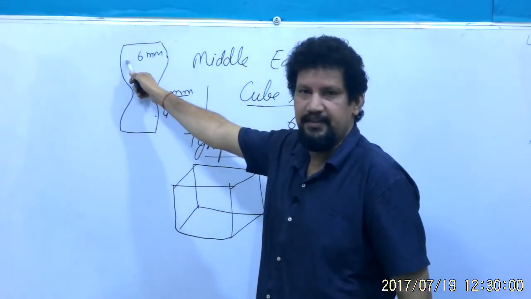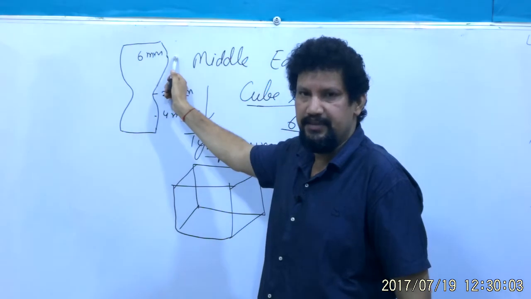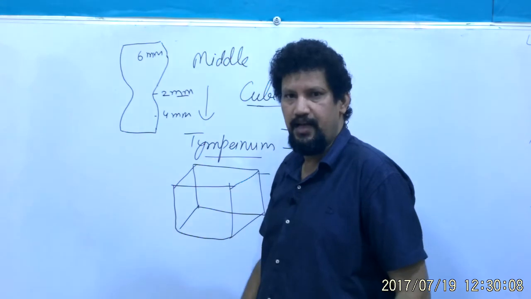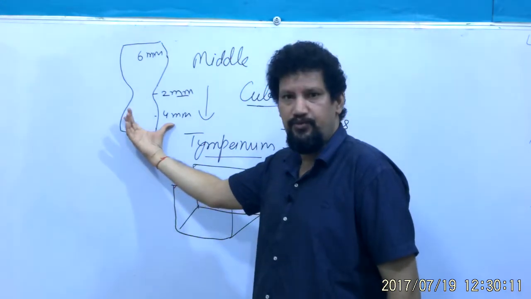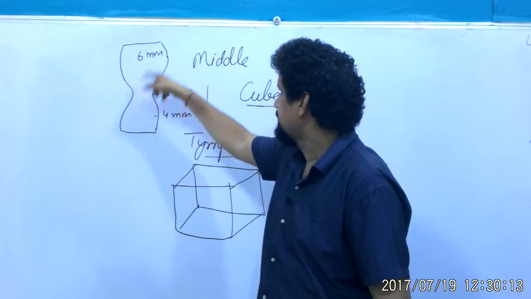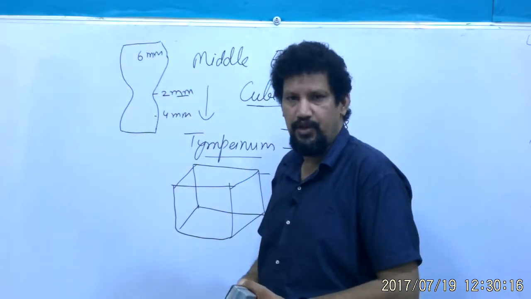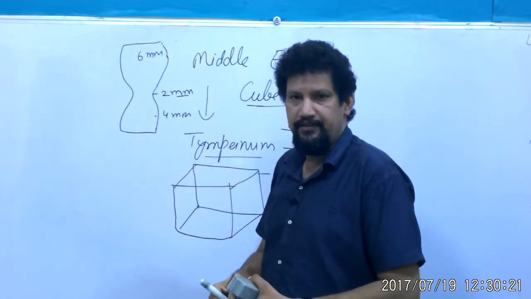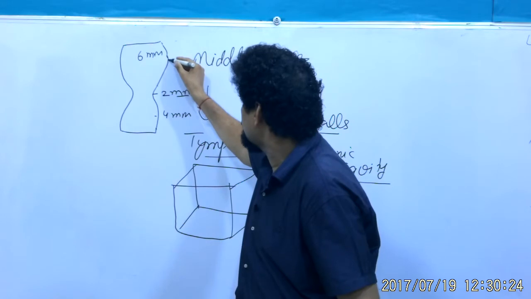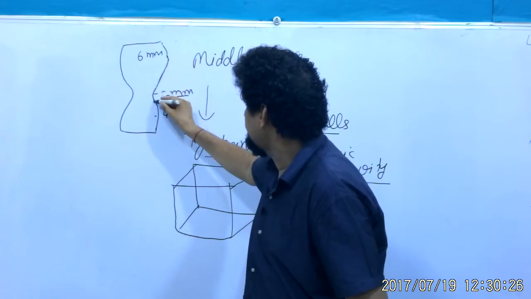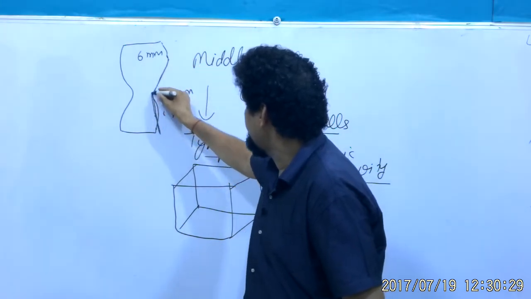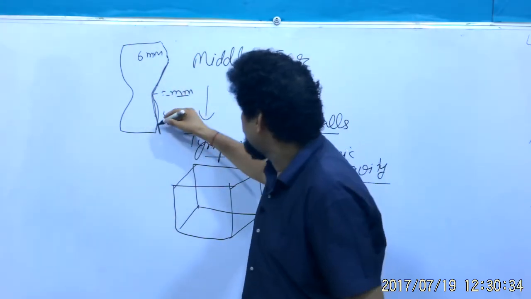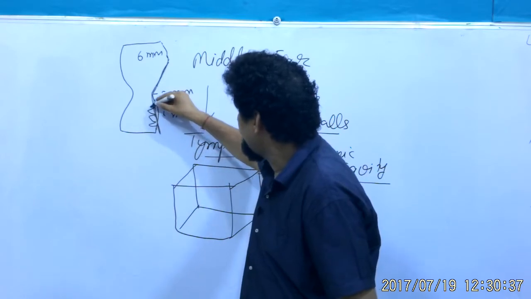Uppermost part is having 6 millimeters. The width of the middle part is only 2 millimeters and the width of lowermost part is 4 millimeters. So it looks like figure of a beautiful girl. The uppermost part of the tympanic cavity, as we have seen, the tympanic membrane is convex from its medial and concave in its lateral part. So again, this is the tympanic membrane.